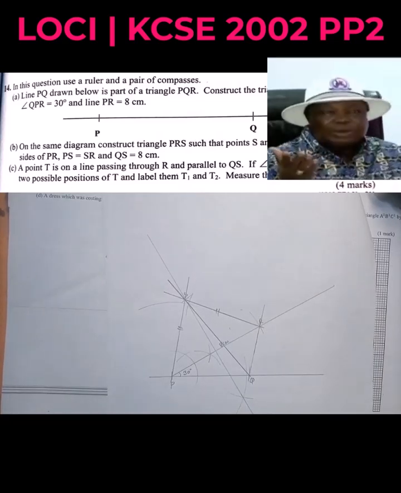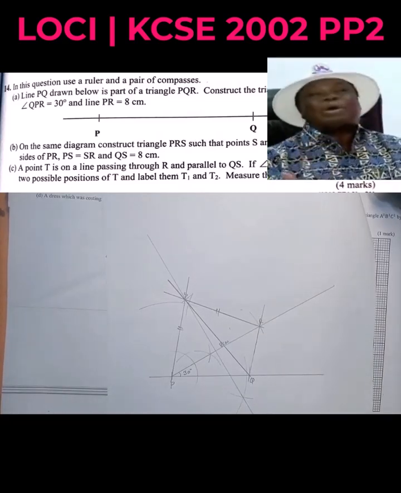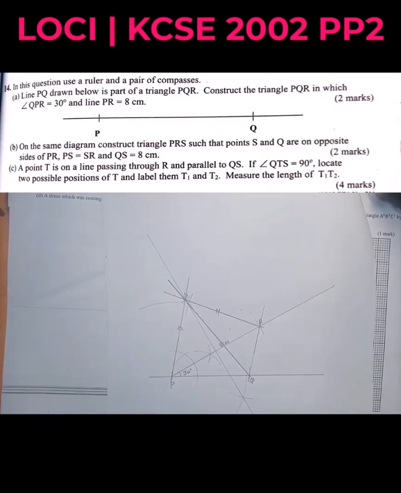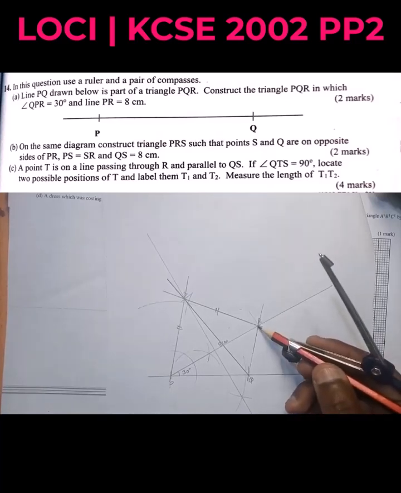Now part C, a point T is on a line passing through R and parallel to QS. If angle QTS is equal to 90 degrees, locate two possible positions of T and label them T1 and T2. Measure the length of T1T2. So you have a point T on a line passing through R, and it is parallel to QS.